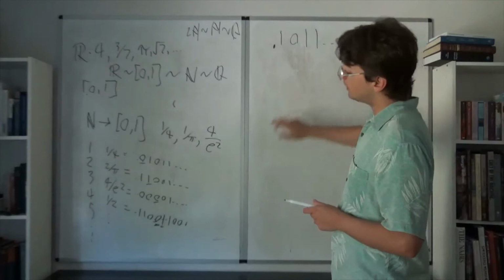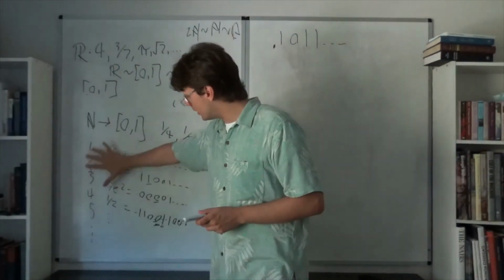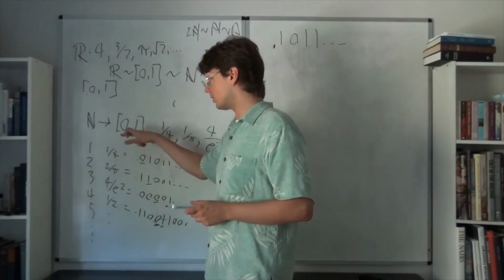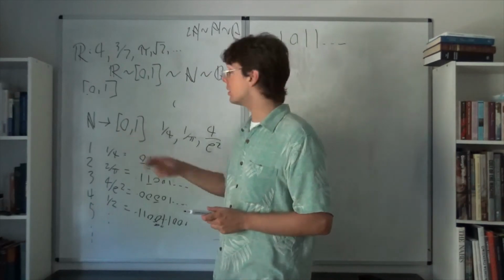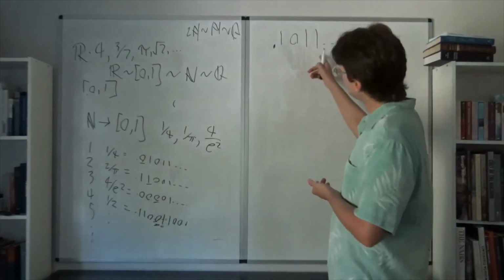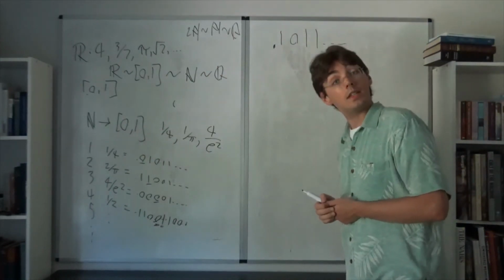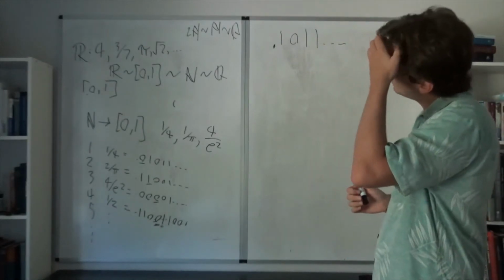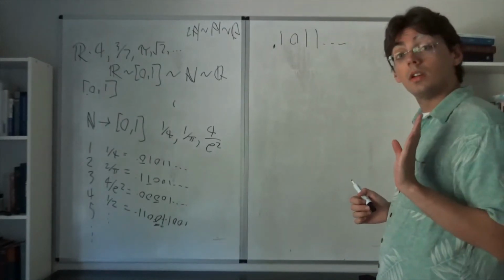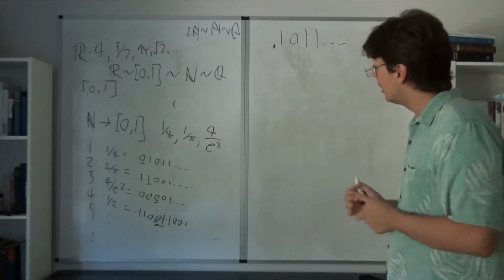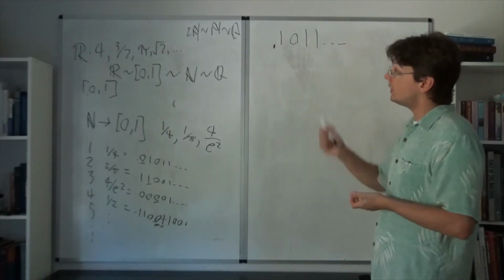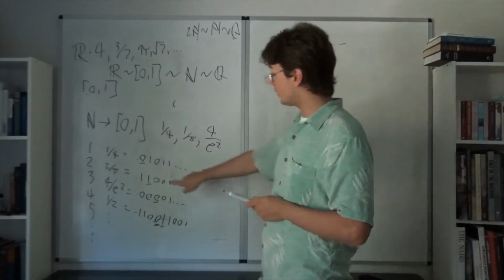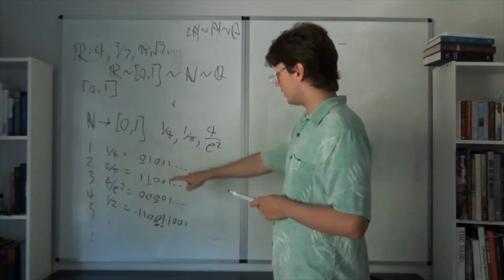Now I want to know, because supposedly this mapping right here covers all of the numbers from 0 to 1, is this one included? Is it? Well, no, it isn't. Because where will you fit it in? You can't fit it into the first guy, because this is 0 and that's 1.